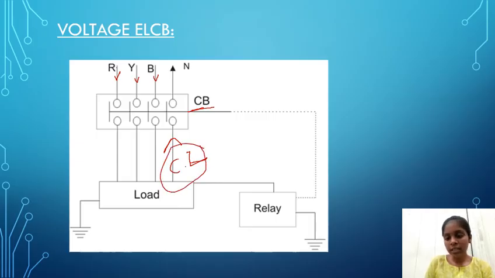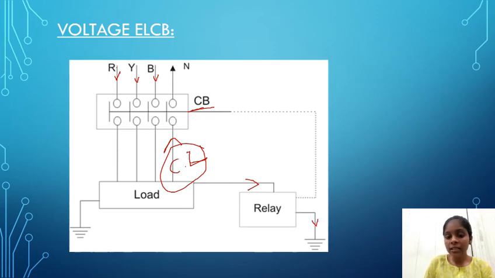When there is a current leakage at the load, the same amount of current is not sent to the neutral, right? As the relay is connected to the load, the leaked current at the load will be taken by the relay. The leaked current moves to the relay, and the relay sends the leaked current to the ground.